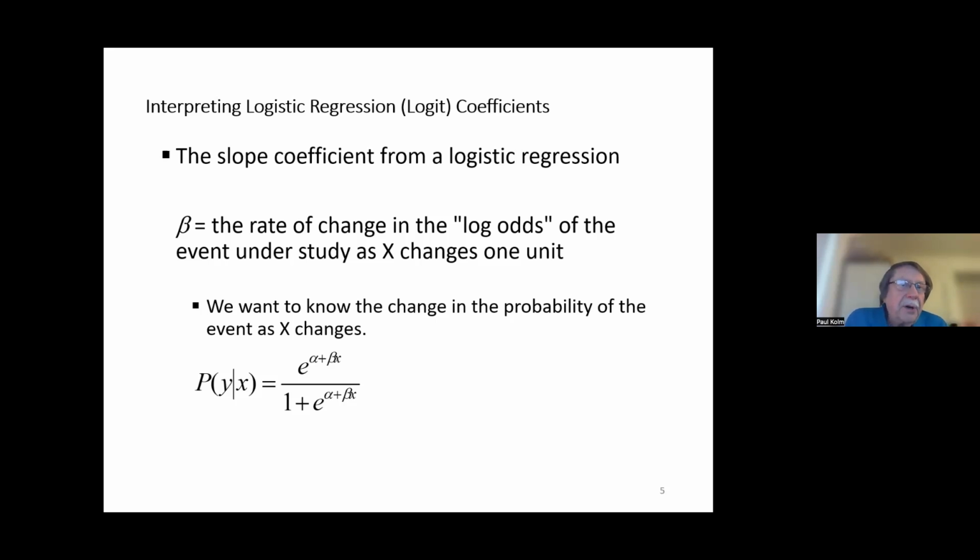And so at the bottom there, I have how you find the probability of an event given the independent variable x, is that we exponentiate the regression equation alpha plus beta x, and then we divide by 1 plus the exponentiated regression equation. And so that gives us the probability of the event that we're interested in.